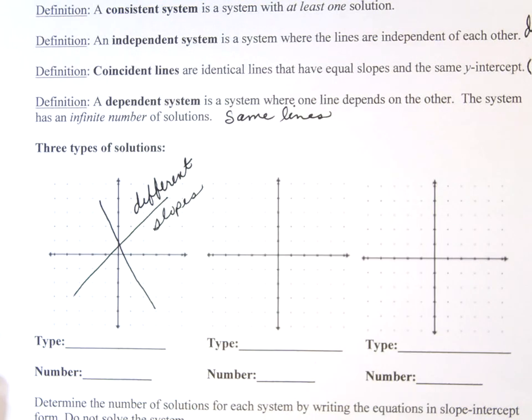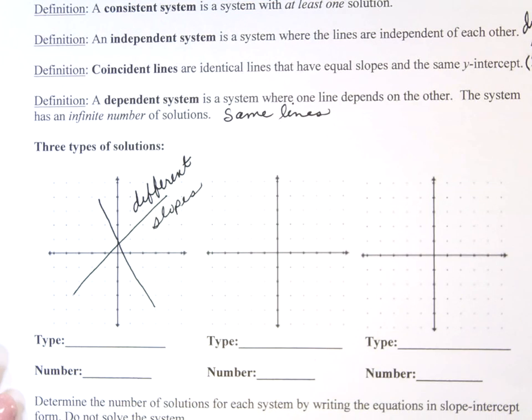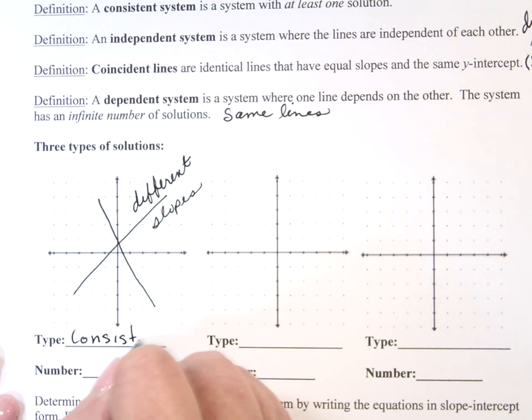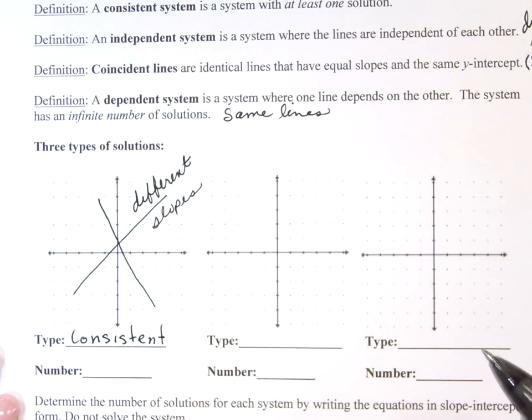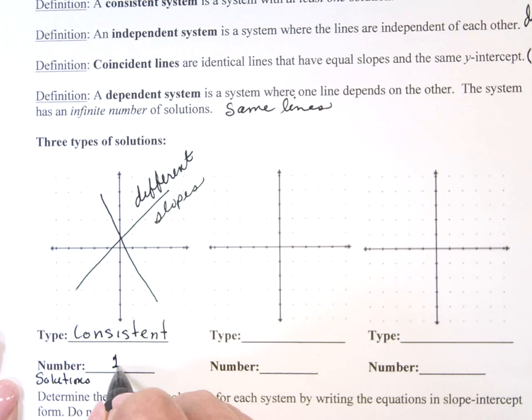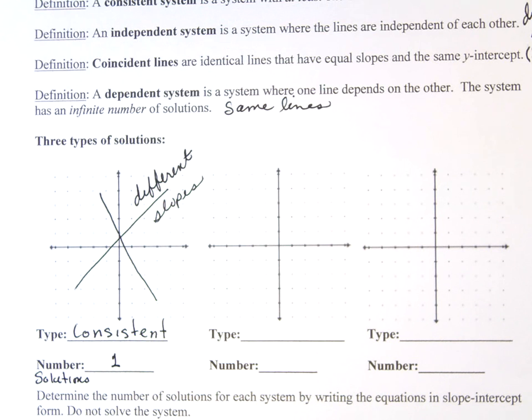It doesn't matter about the y-intercept, they have different slopes. That's the type we normally call consistent. And the number of solutions is 1. So if it has different slopes, it's only going to cross in one place, period. It's going to have one solution.